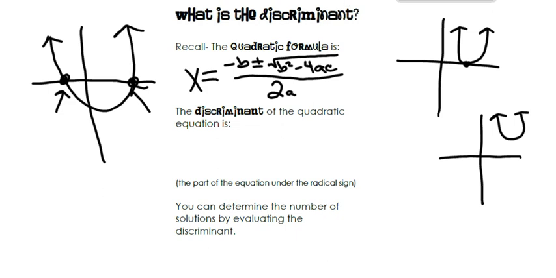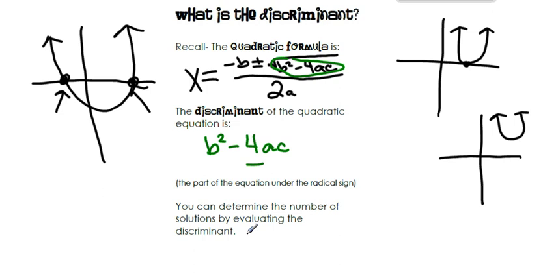Now the discriminant is just a piece of that, okay? Specifically, it's going to be this piece inside the radical sign. So the discriminant is just b squared minus 4ac. Now I know all of those letters probably don't mean a whole lot to you right now, but they will in a second. And by finding this value right here, it'll come out to be a number.